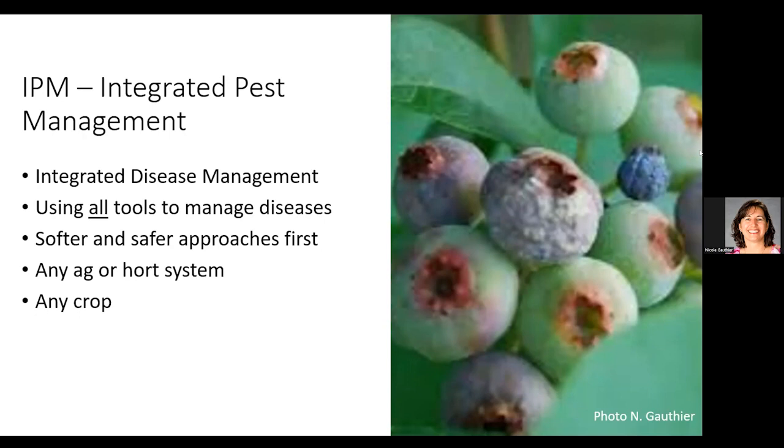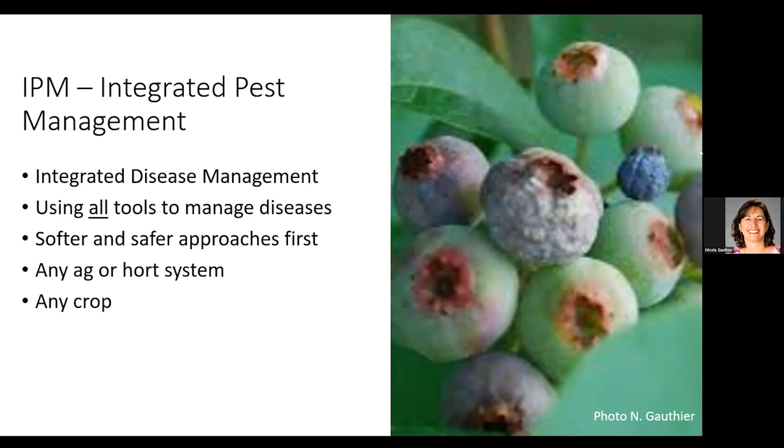Also, with an IPM program, we're always trying to look for softer approaches or safer approaches first before we resort to fungicides. So again, I like to call those cultural practices. Any IPM will fit into any agricultural or horticultural program, whether you're greenhouse or field, whether you're organic or conventional, or anything in between, hydroponics, fields, artificial media, IPM fits.